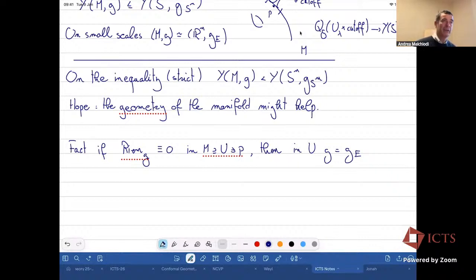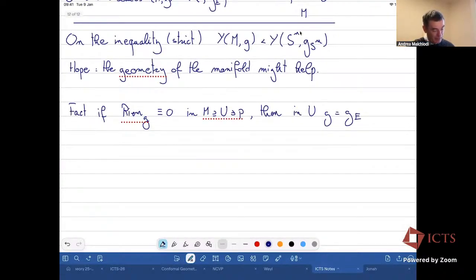But here we're dealing with conformal geometry. So we want to distinguish a manifold conformally from R^n. We want a condition which says when a manifold is conformal to the Euclidean metric. In fact, there is such a notion. Let me give a definition.